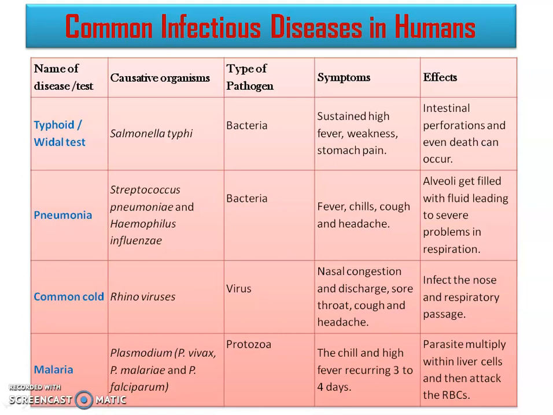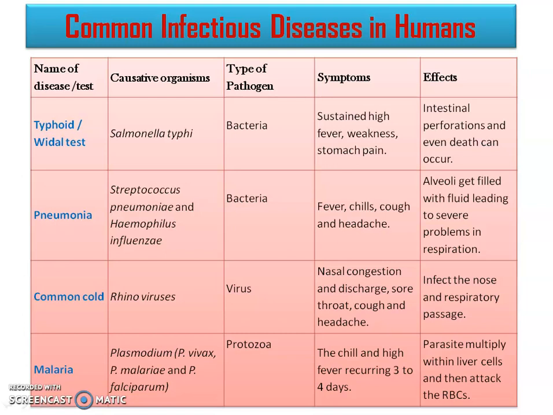The alveoli present in the lungs, which are the site of gaseous exchange, get filled with some type of fluid, as a result of which they are not able to contract and expand properly, leading to severe problems during respiration.